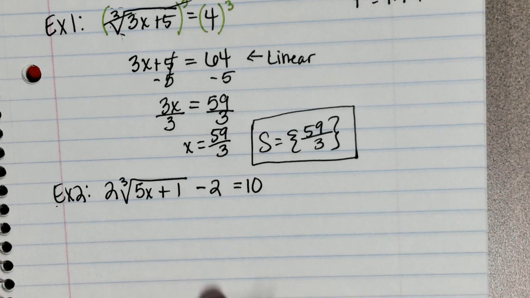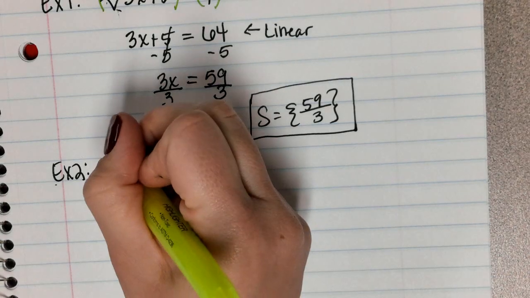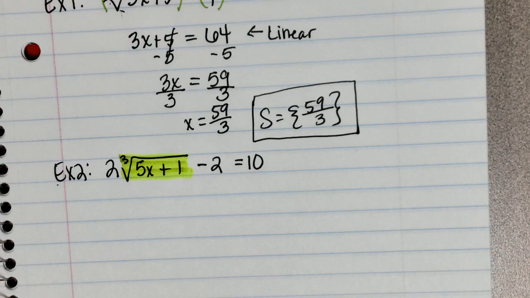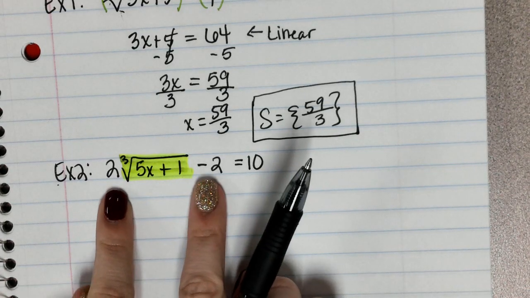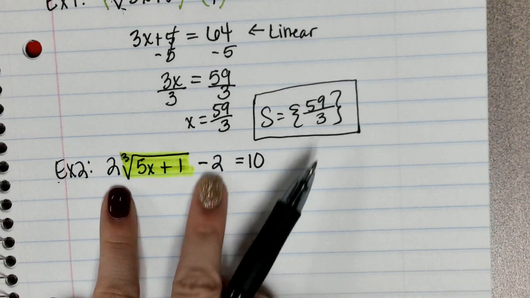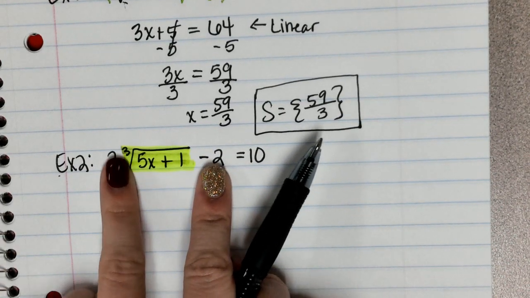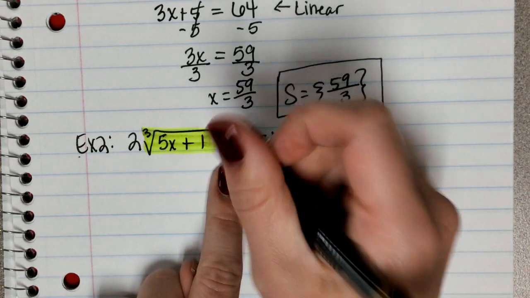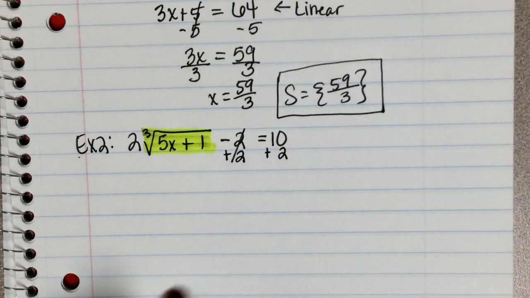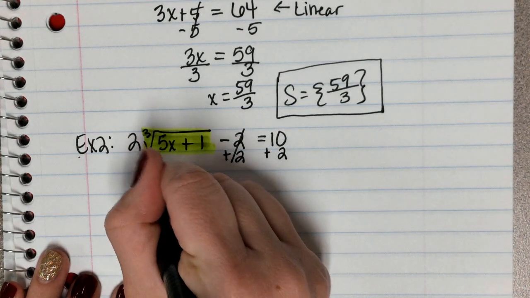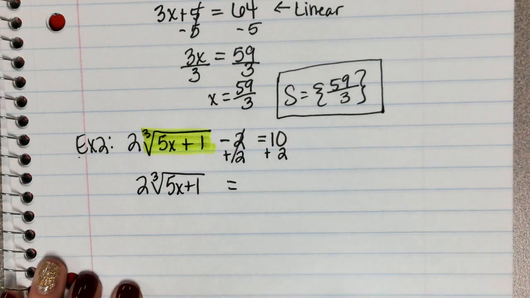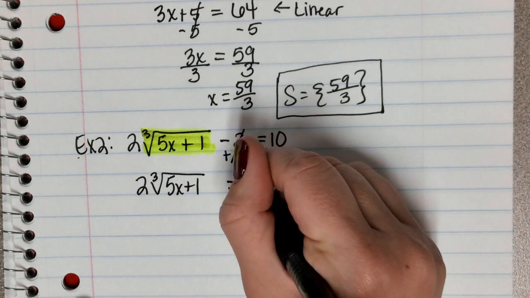Okay, so this one's got a lot of stuff going on, but you want to find your cube root. That is what I want to isolate. So the other things need to go. And we always undo addition and subtraction before multiplying or dividing. So first, we add this 2. Then you have 2 cube root 5x plus 1 equals, and 10 plus 2 is 12.